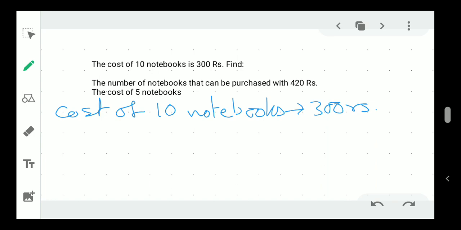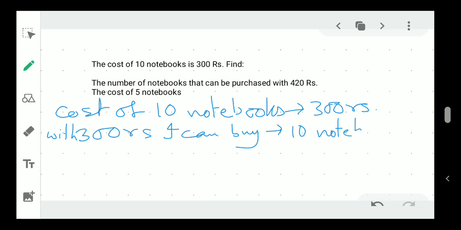So number of notebooks should be on the right hand side. Instead of writing the cost of 10 notebooks, I can write: with 300 rupees I can buy 10 notebooks. It is the same thing, but this time notebooks are on the right hand side.